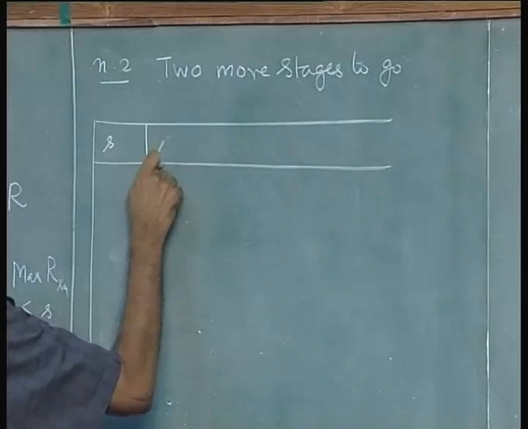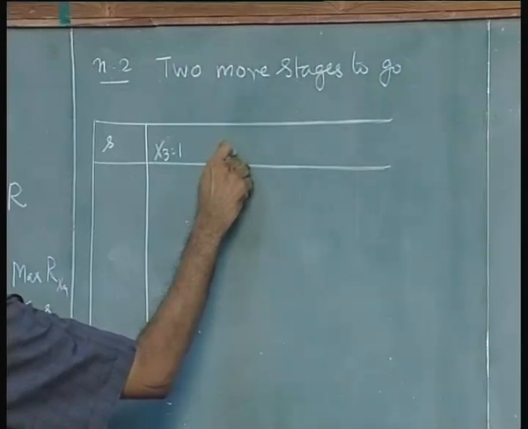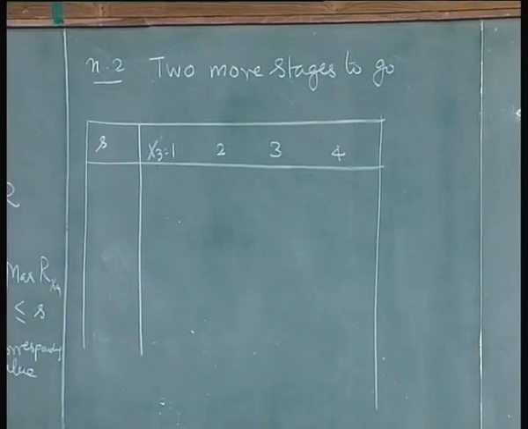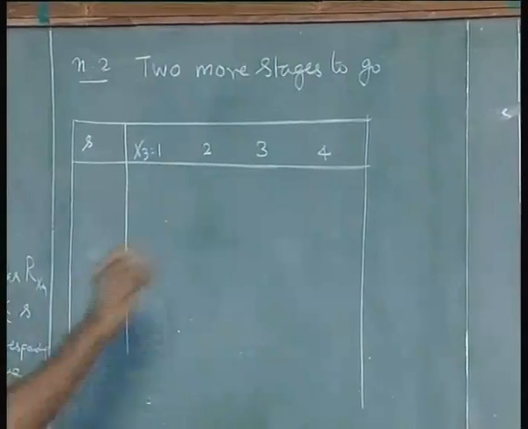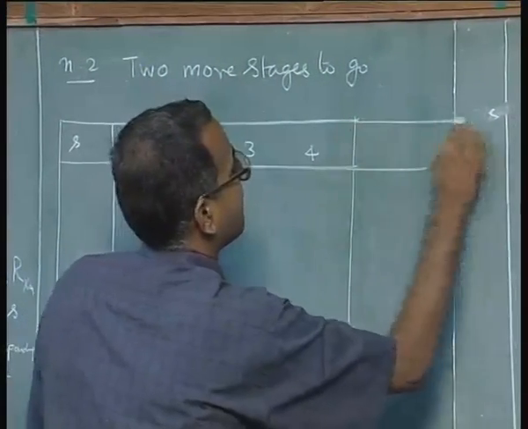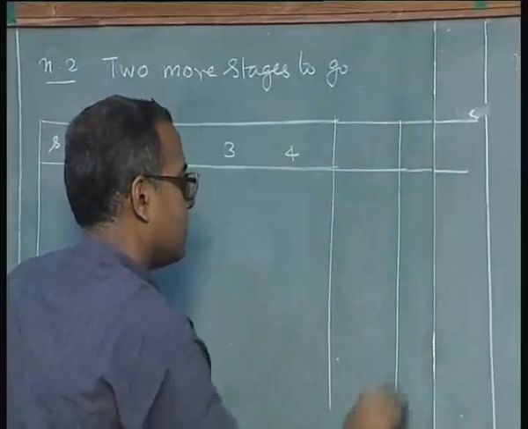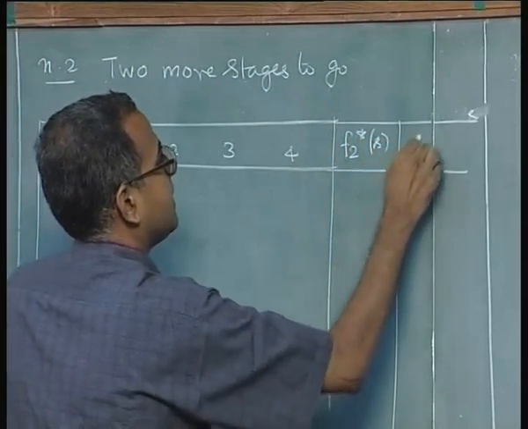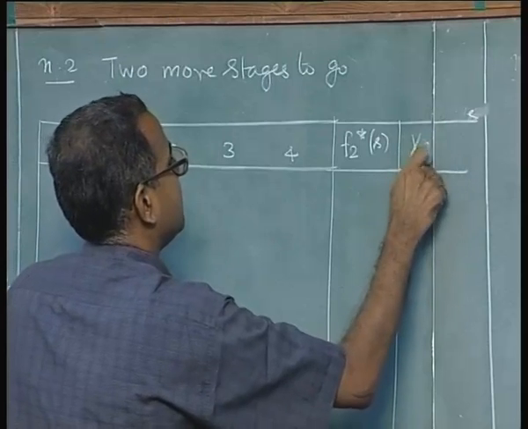This is x3 equal to 1, 2, 3 and 4. There are 4 alternatives that are possible. Then we have f2 star of S, and we have x3 star.